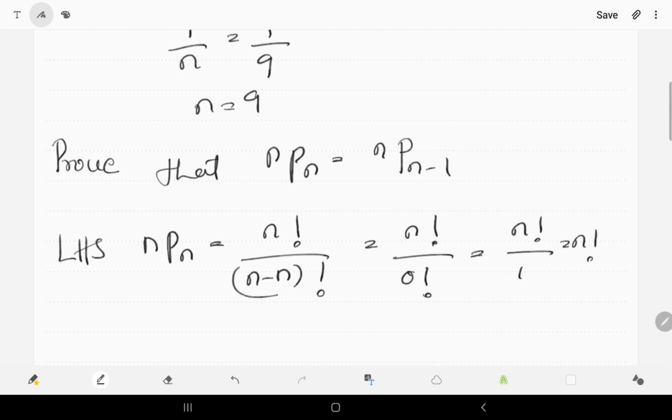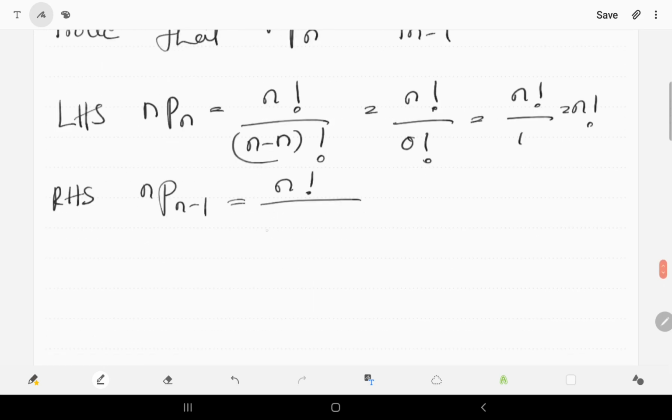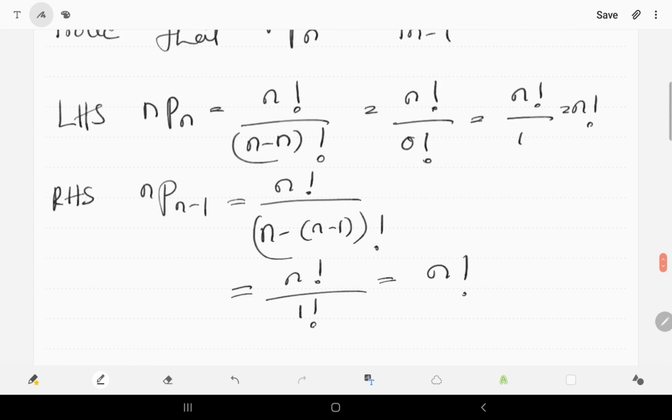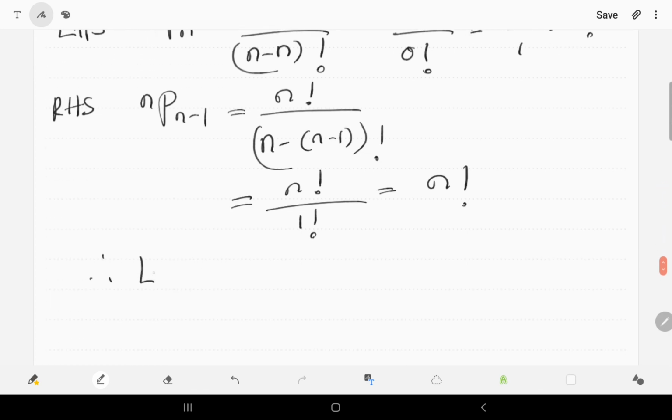Now consider RHS. RHS is nP(n minus 1), that is equal to n factorial divided by (n minus (n minus 1)) factorial, that is n factorial divided by 1 factorial, that is equal to n factorial. So LHS is equal to RHS.